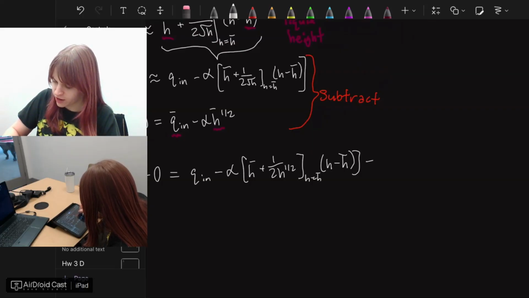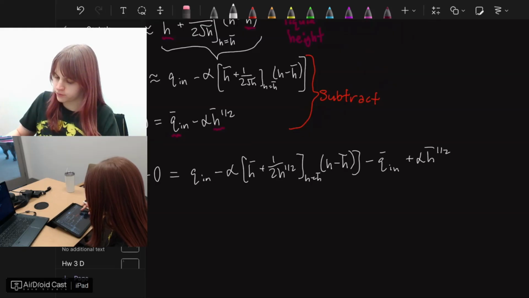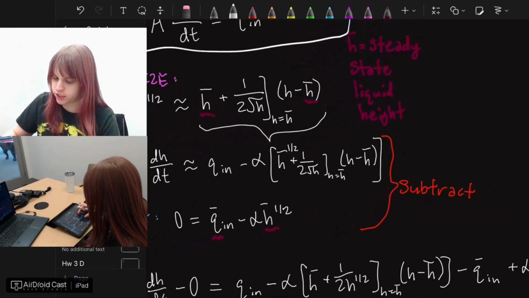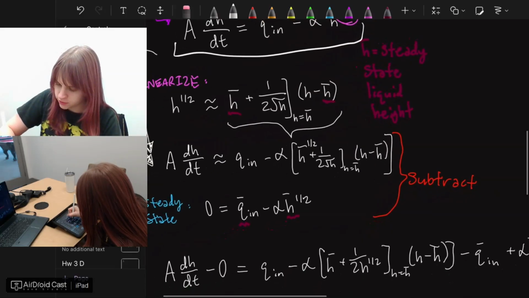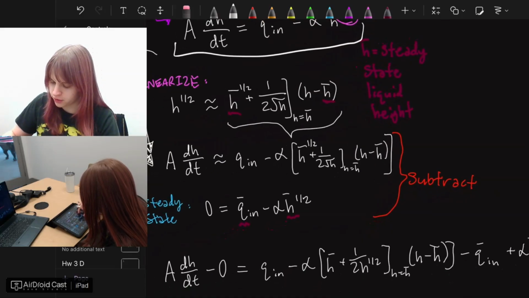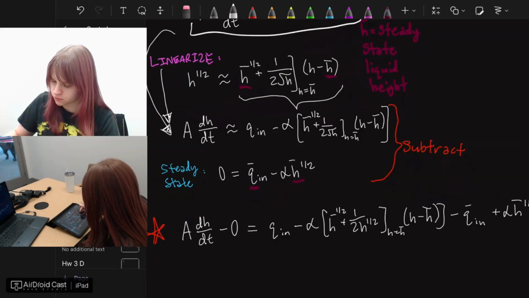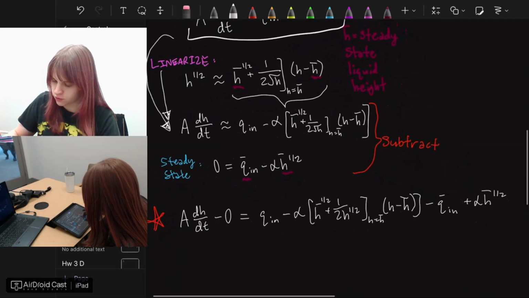And then we're subtracting the second equation, so that makes this piece right here positive. And I forgot to add a 1/2 power here, but there should be a 1/2 power on those h bars. So hopefully I caught all of those.